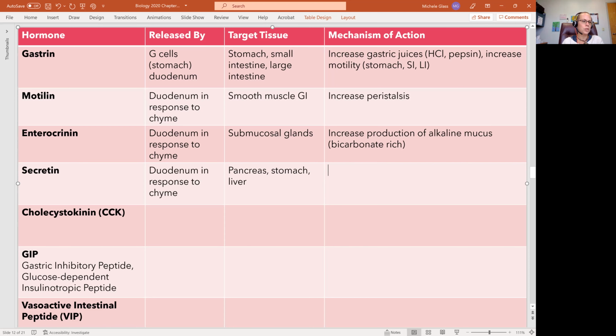Now, when we talk to the pancreas, we're going to trigger release of bicarbonate-rich pancreatic juices.